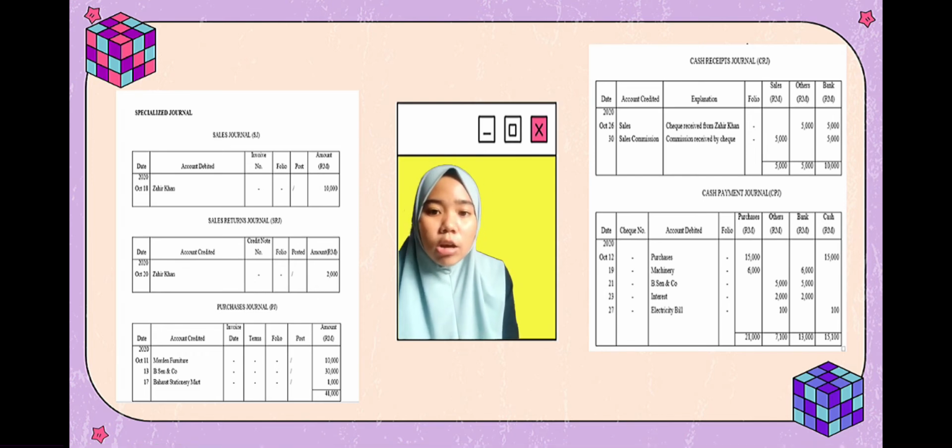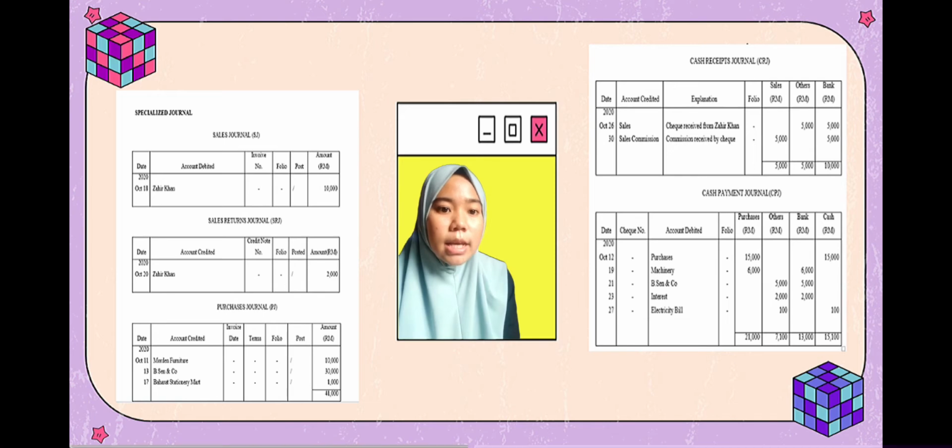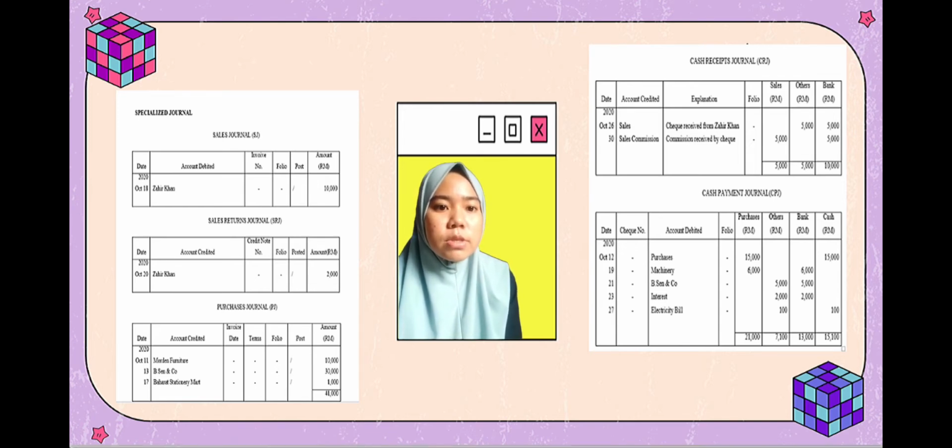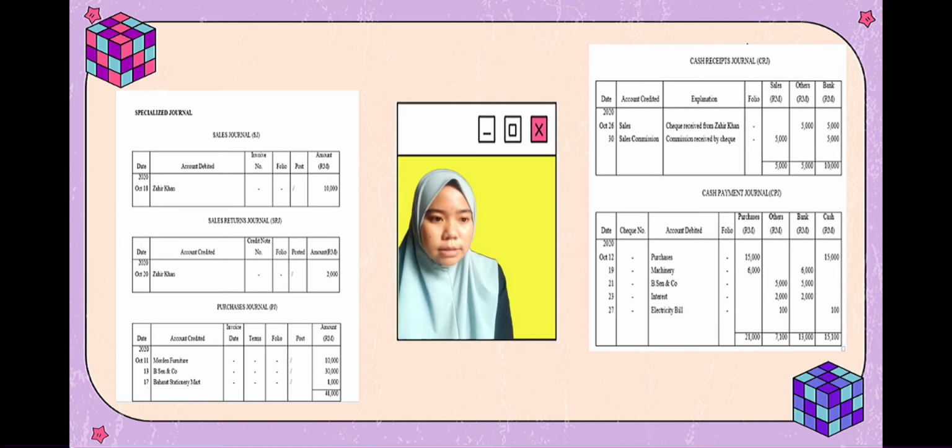And on 30 October 2020, sale commission received by check, others 500 and bank also 500. So the total of the cash receipt journal: sales 500, others 500, from bank is 10,000.